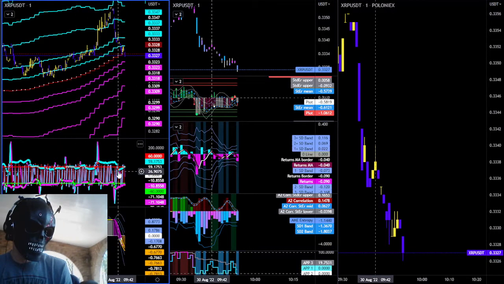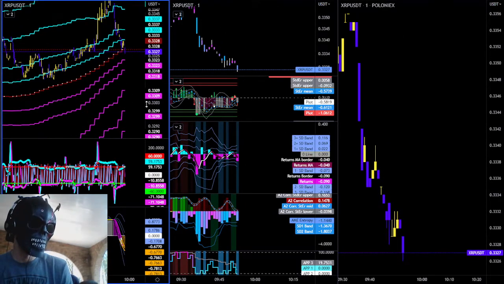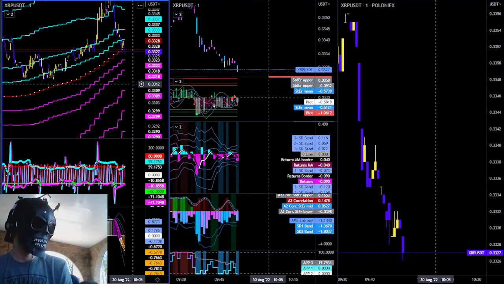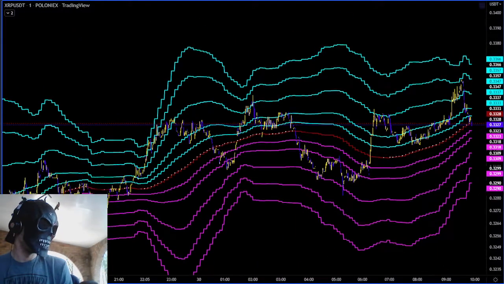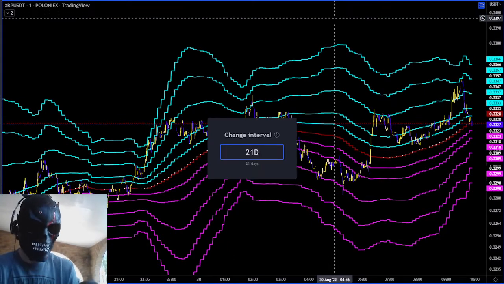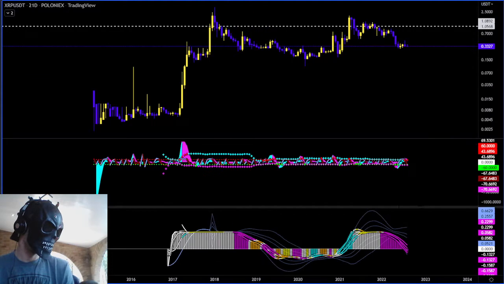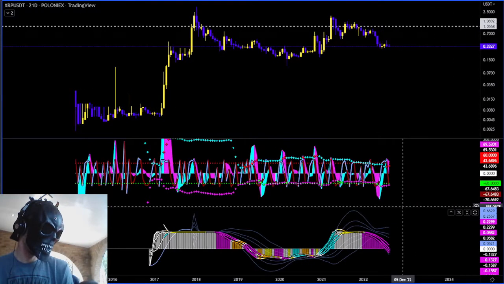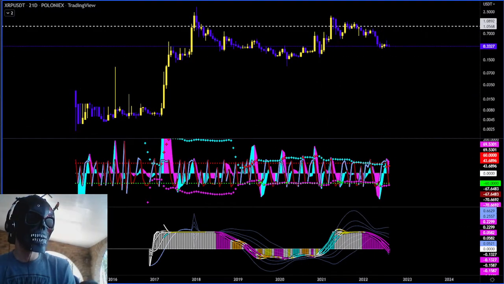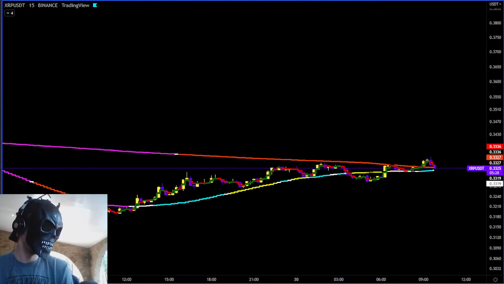Oh man, I just messed up this indicator. This is the wrong setup. Doesn't matter. And I actually need the other one, 21-day. Okay, so as you can see, returns are starting to decay to the downside and a whole bunch of other funny things. Cool. Back on 15-minute, give me my cone.